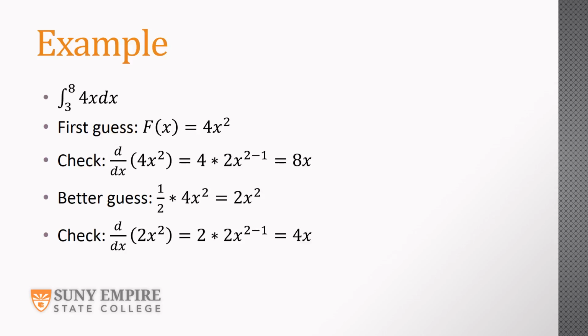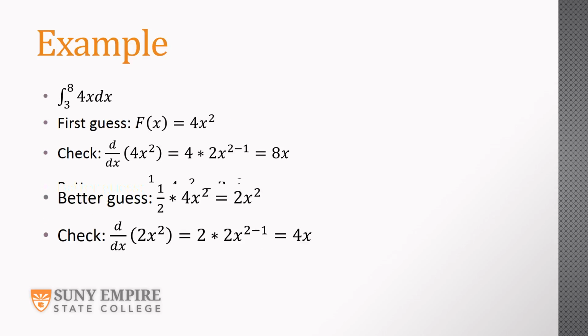When we take the derivative of this function, we have the original coefficient 2 multiplied by the original power 2, and the exponent drops by 1. So the derivative of 2x squared is exactly the 4x we were attempting to integrate.